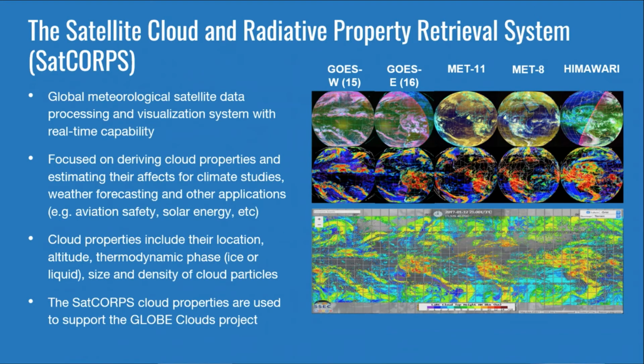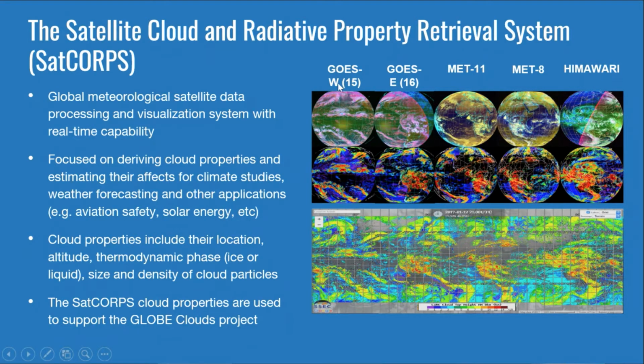NASA SatCORE is a team, but it also stands for the Satellite Cloud and Radiative Property Retrieval System. This is a global meteorological satellite data processing and visualization system with real-time capabilities. It consists of 5 geostationary satellites.